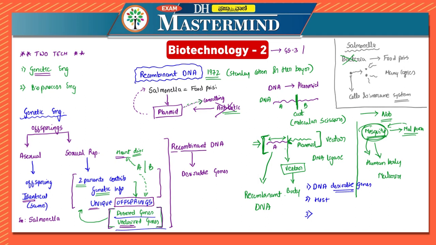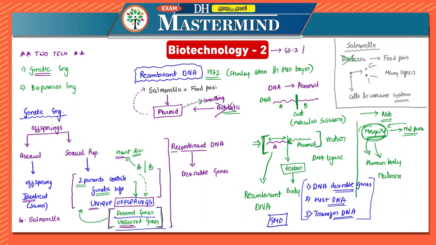Then the maintenance of introduced DNA in the host and transfer of this DNA has to occur. So these are the three steps which happen in genetically modifying an organism, and then we have genetically modified organisms.